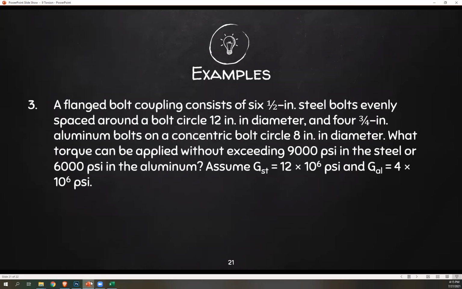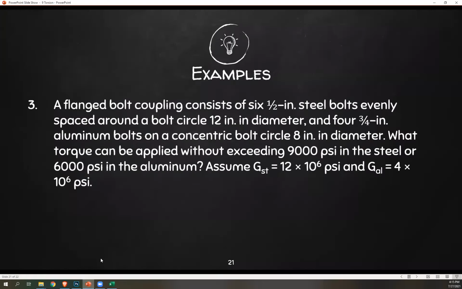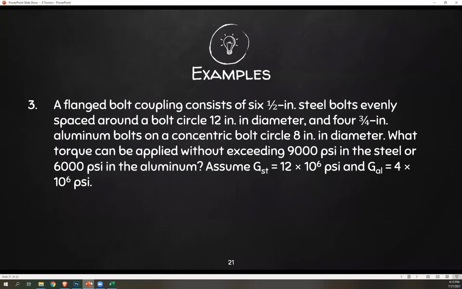Next, 4 3/4-inch aluminum bolts, so NAL for aluminum is 4. Diameter of aluminum bolts is 3/4 inch. Diameter of the concentric circle is 8 inches, and the radius is divided by 2, so 4 inches. What else?